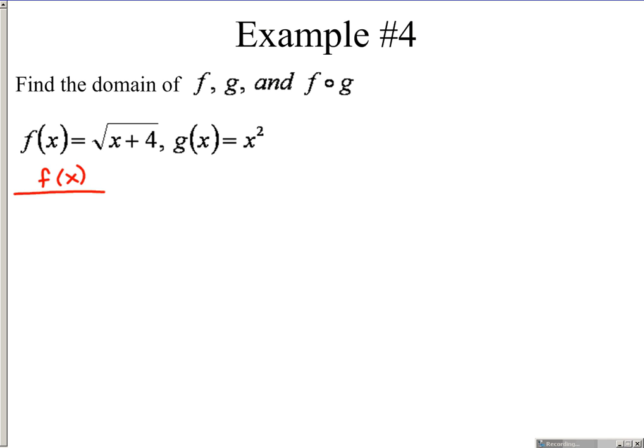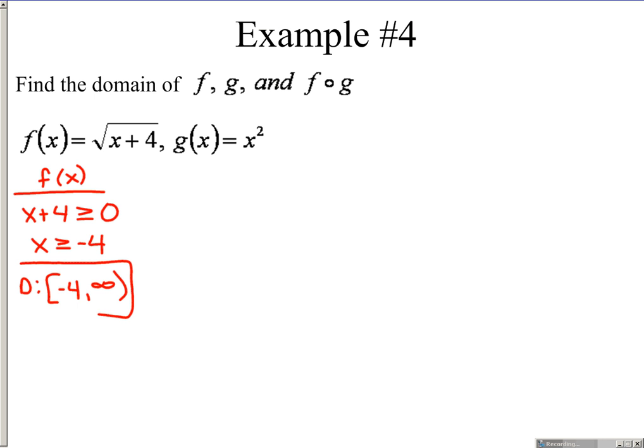The reason we have a possibility of a domain restriction is we have a variable underneath an even indexed radical, so we know that that entire expression has to be greater than or equal to 0, cannot be negative. There's our domain restriction then for f of x, which means our domain is the interval from -4 out to infinity.